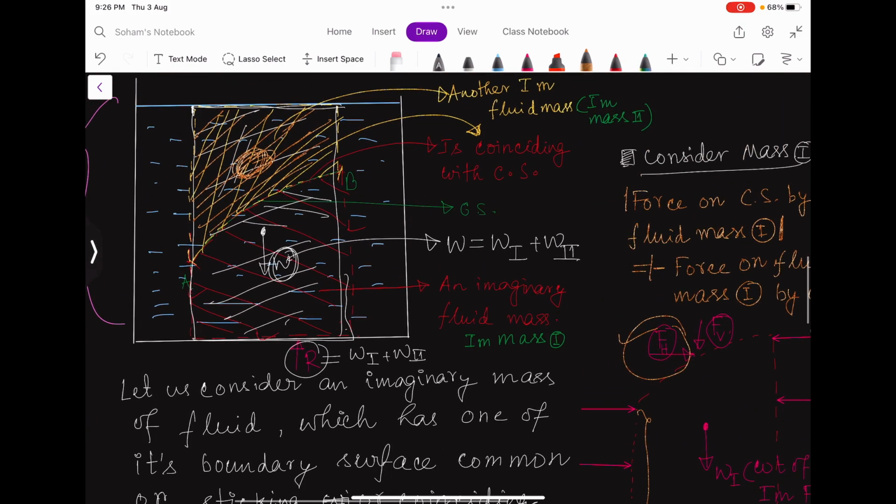So let us again come to this diagram. I am considering this part only, right?